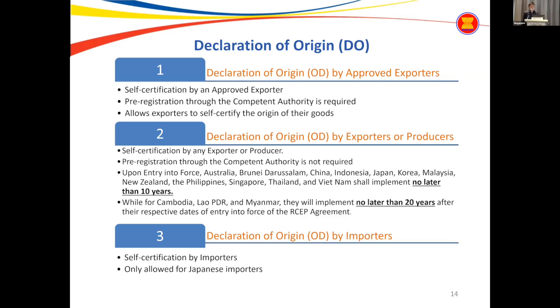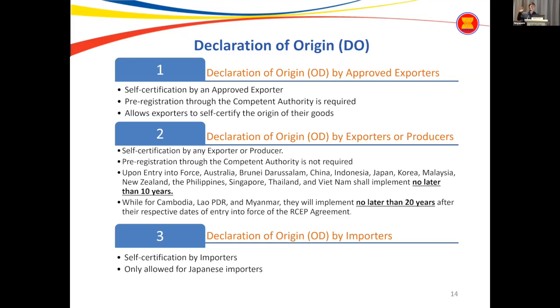It's Japan's practice. And you can see RCEP is very generous. They include all practices in the agreement: Japan's practice; Australia and New Zealand's practice under CPTPP, the declaration by any exporter; and then the ASEAN way, declaration by approved exporter or certified exporter.